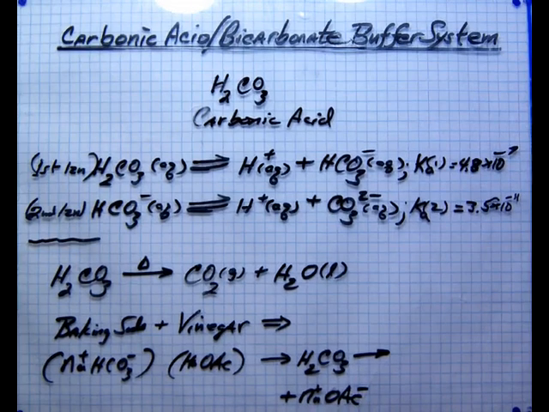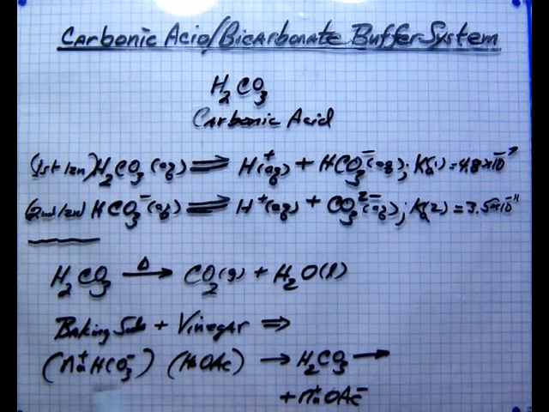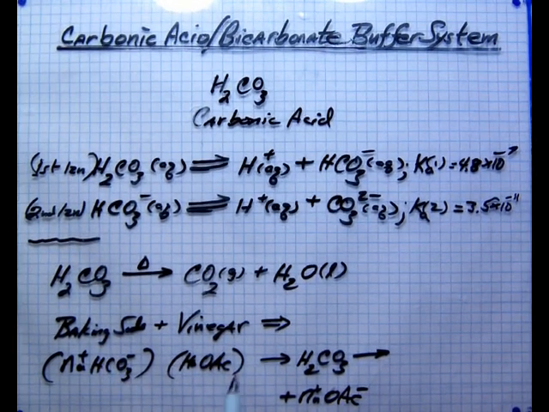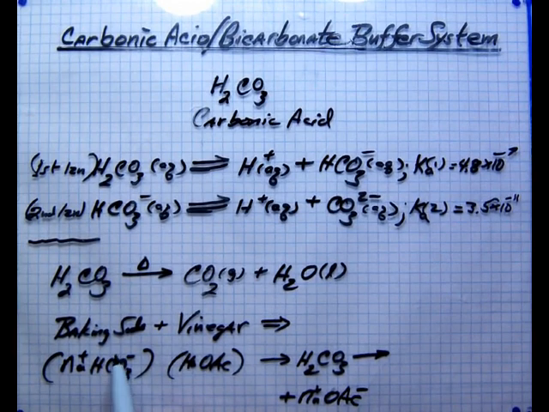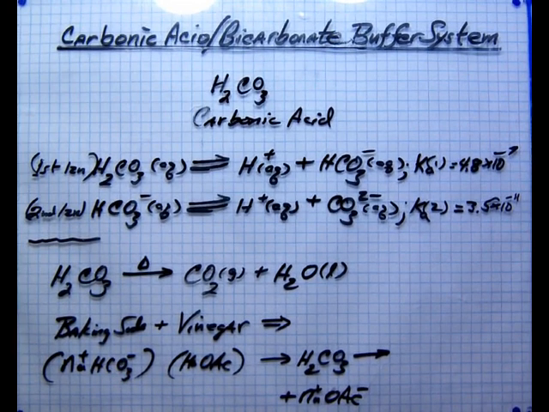But the carbonate, which picks up the hydrogen, is a reasonably strong conjugate base, and will attract the hydrogen into the carbonate structure. I'll show you that in a minute.